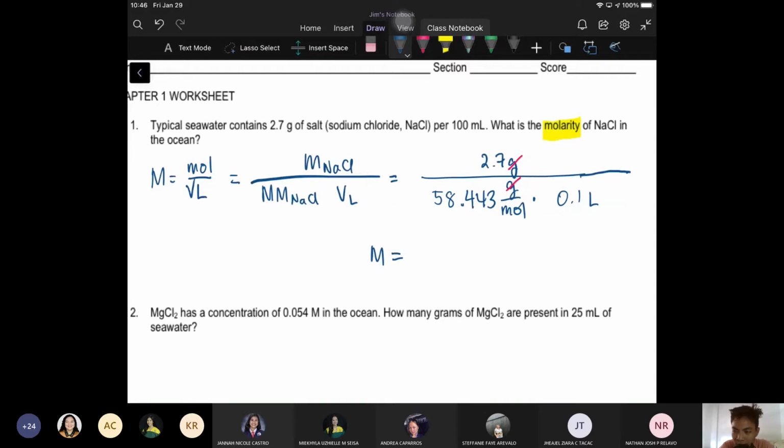Kasi pag kinonsider pa natin yung significant figures, I believe na-discuss na siya sa inyo. Kapag ginawa pa natin yung sigfig dito, baka mamali pa kayo lalo. So, okay na sa akin yung 2 decimal or 3 decimal places. So, for this item, mag 3 decimal places muna lang tayo.